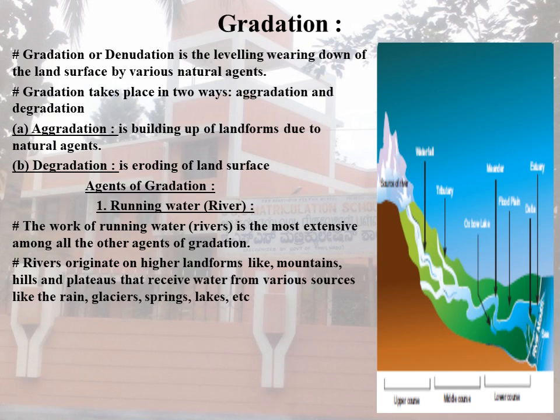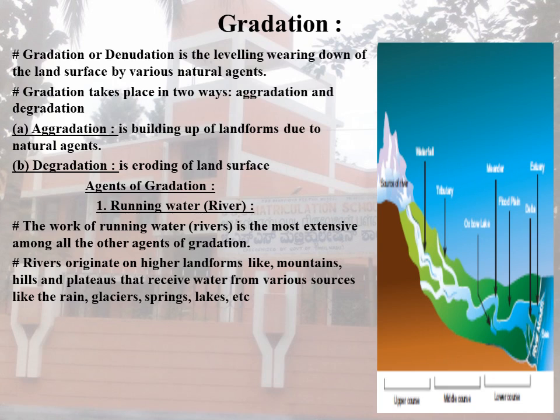The place where the river originates is called the catchment area and where it joins the sea is known as the mouth of the river. So I have already shown this in the picture on the right side of your slide.